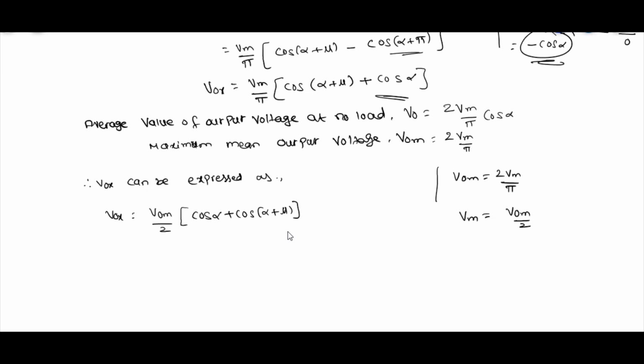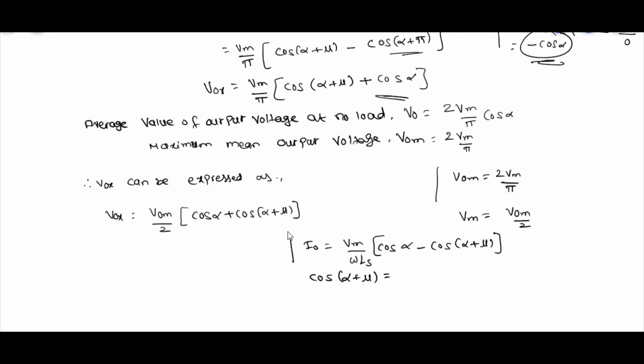And also we know that in the previous derivation steps we have seen I naught is equal to Vm by omega Ls into cos alpha minus cos alpha plus mu. Already you got this value. So what will be the value for cos alpha plus mu from this?